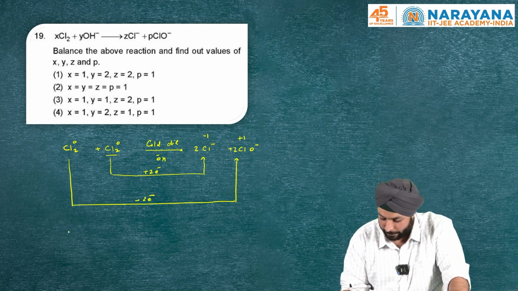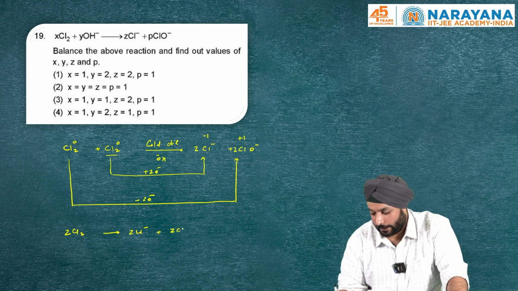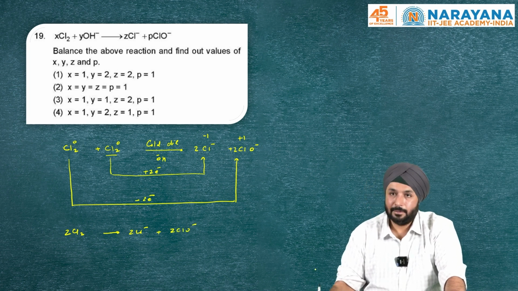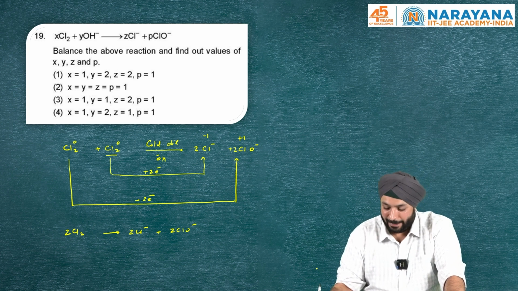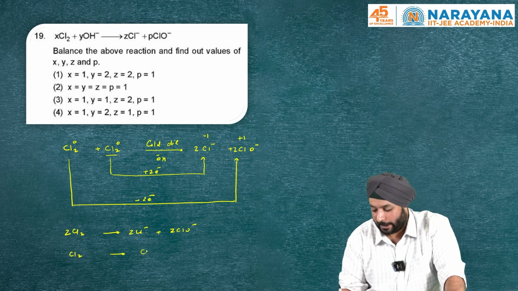So it will become 2Cl2 gives 2Cl minus plus 2ClO minus, right? And you will balance it. I'll get Cl2, it will give you Cl minus and ClO minus.